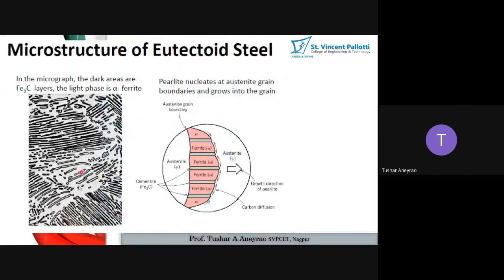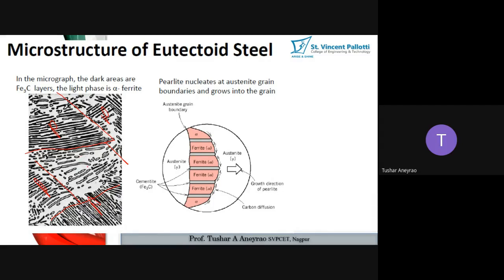You can see that in this diagram. In this diagram you can see this is the precipitation of alpha ferrite. Here more amount of alpha ferrite is present, and let me draw some lines. This is the grain boundary here, like this. This is the grain boundary here. Here this grain is called perlite, perlite, perlite.